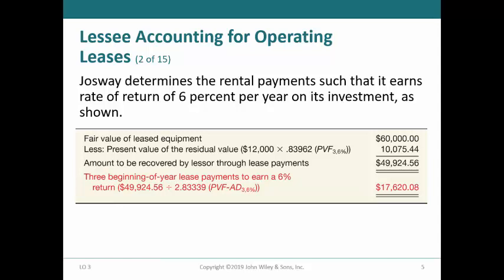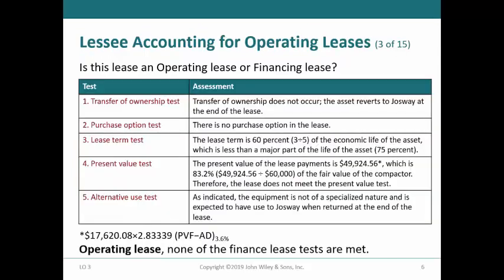The amount to be recovered by the lease is $49,924.56. The 3 payments of $17,620.08 are determined by dividing the $49,924.56 by the present value factor of 2.83339 for an annuity due for 3 periods at 6%.